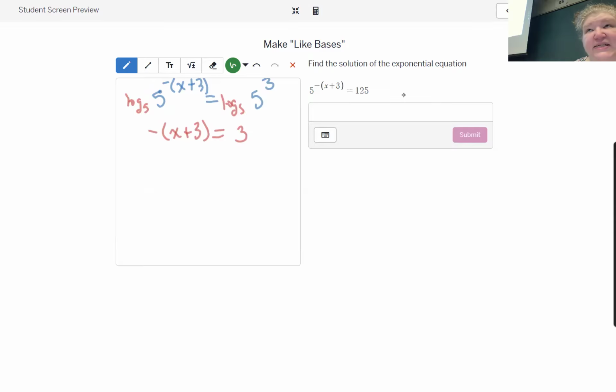But since that x inside doesn't have anything multiplied to it, what I'm going to do next is divide by negative 1. We could turn that into a negative 1 and distribute it through as well. But now this will be x plus 3 equals negative 3.